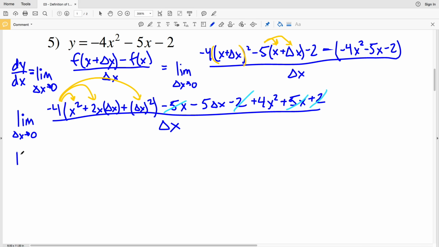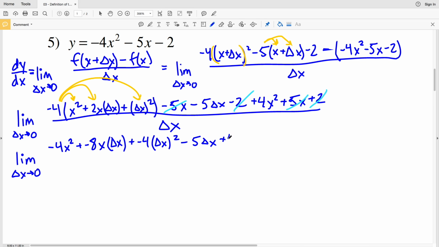So I'll have the limit as delta x approaches 0 of negative 4x squared plus negative 8x times delta x, because negative 4 times 2 is negative 8, plus negative 4 times delta x squared, and then I'm still subtracting 5 times delta x, and I'm adding that to 4x squared.